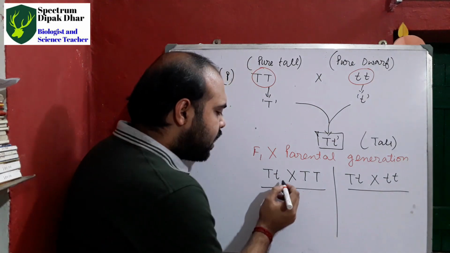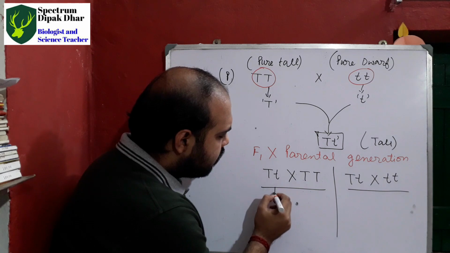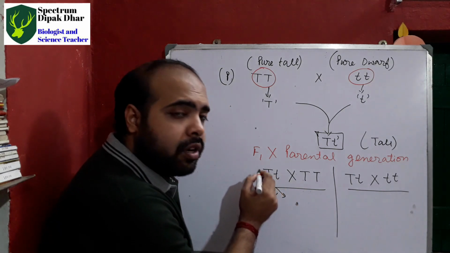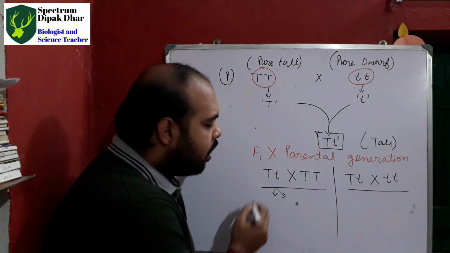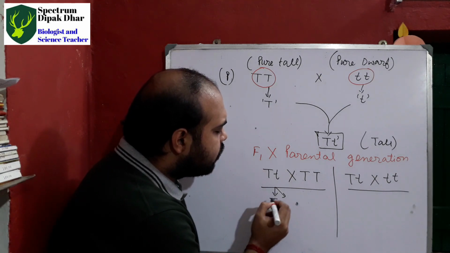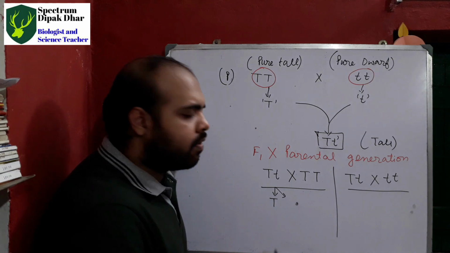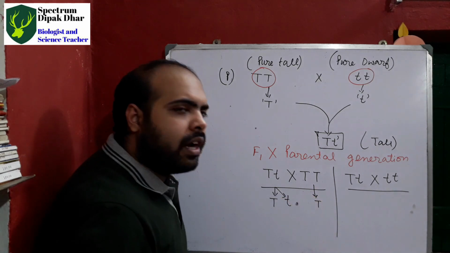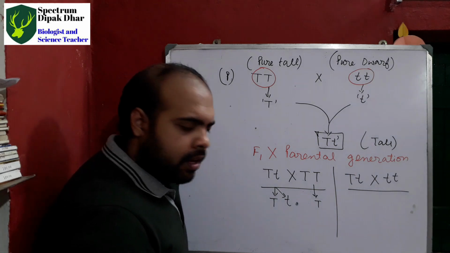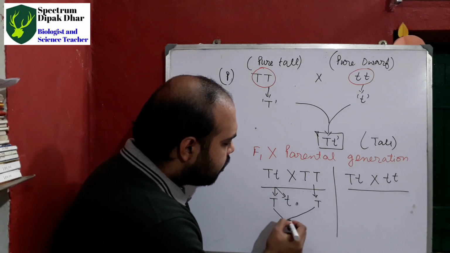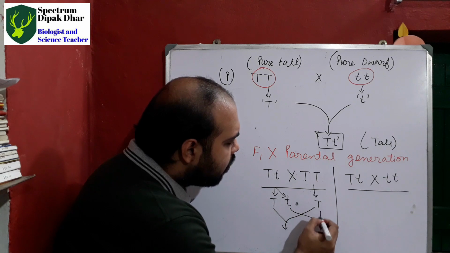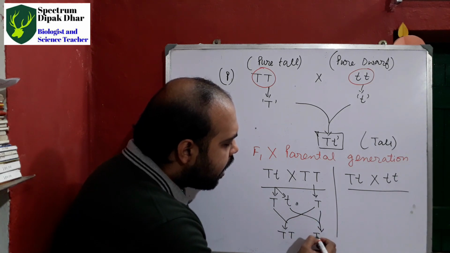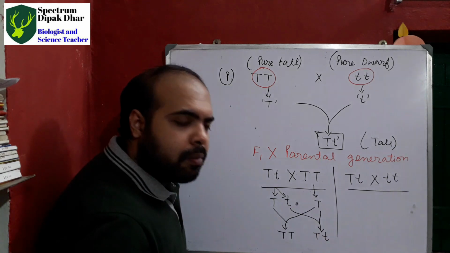So what can we get from this particular crossing? In the case of gametes, there are two types of gamete that we get from this F1 generation: one is capital T and the second is small t. But in the homozygous dominant parent there will be only a single type of gamete. So there are two possible combinations: one is capital T capital T, and the second is capital T small t.